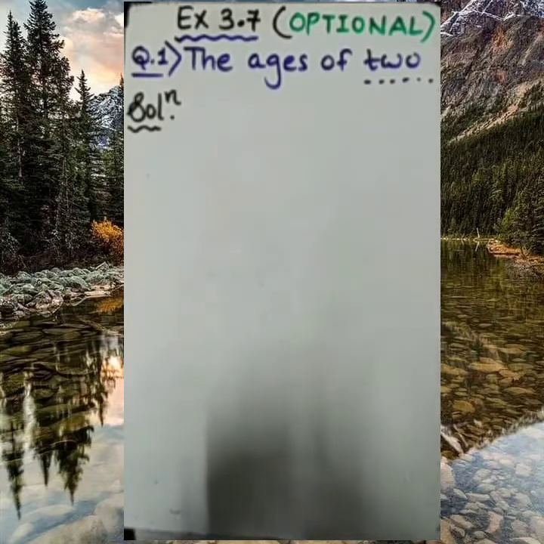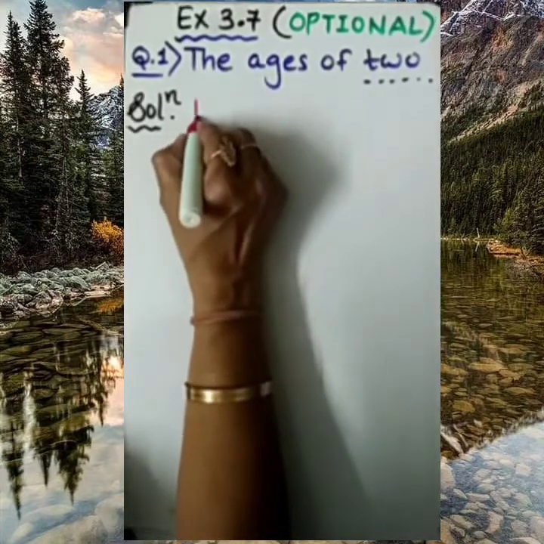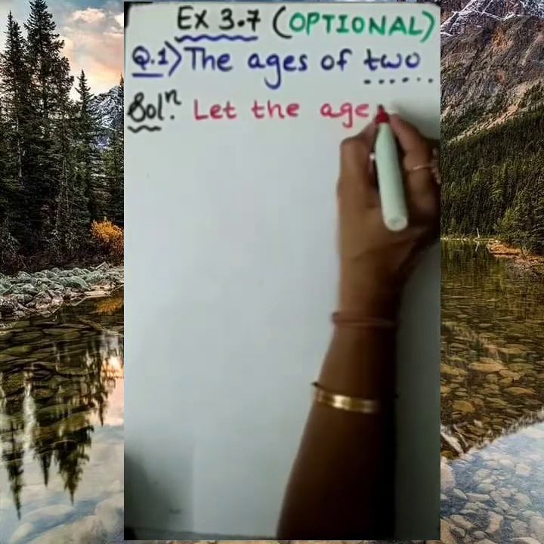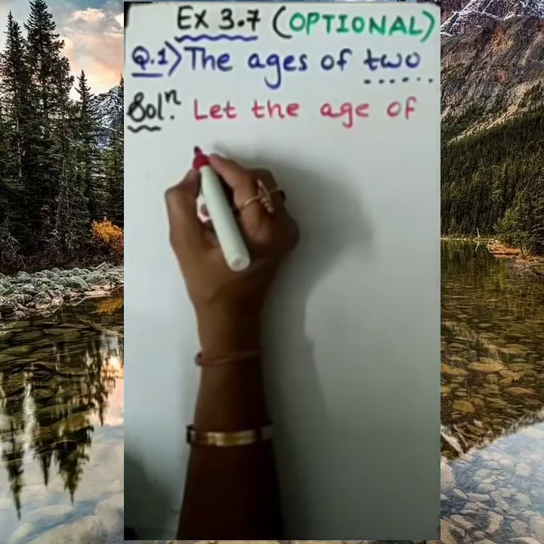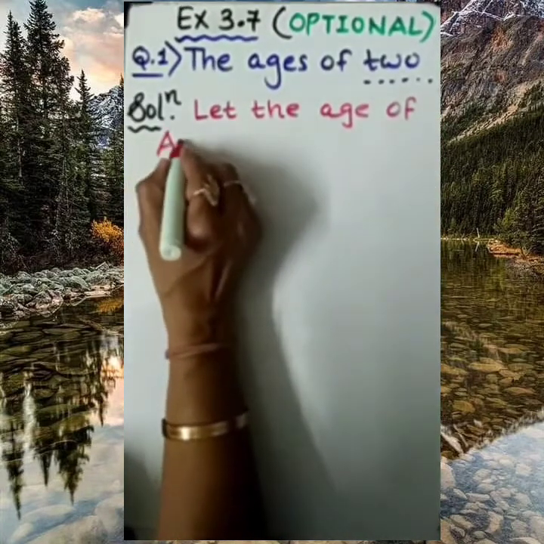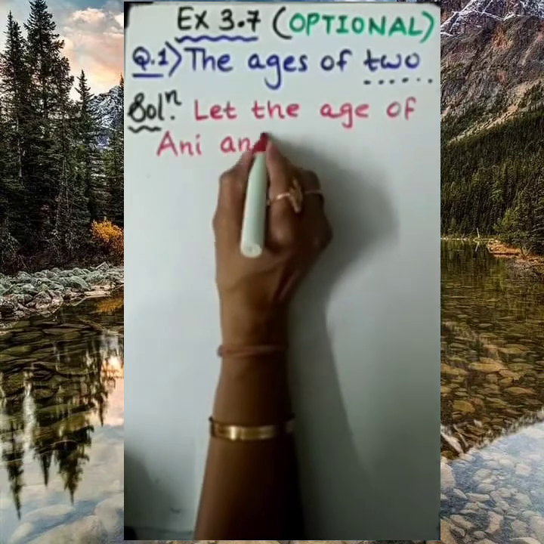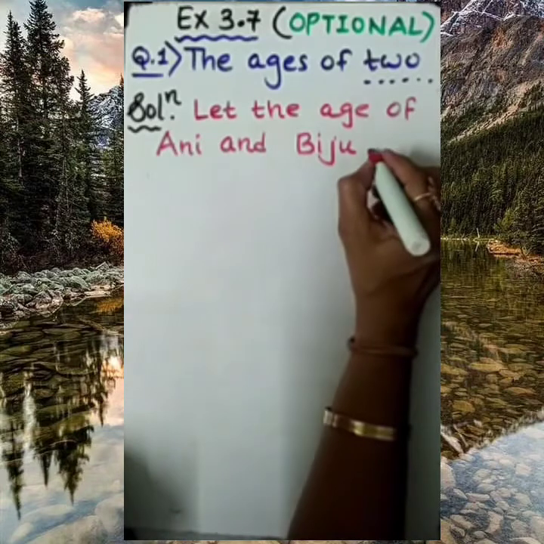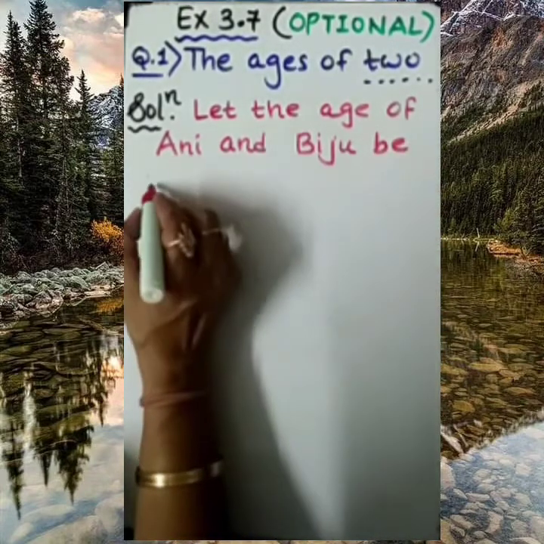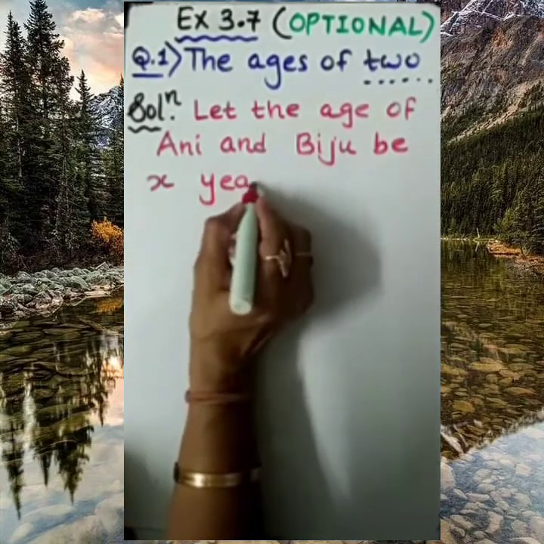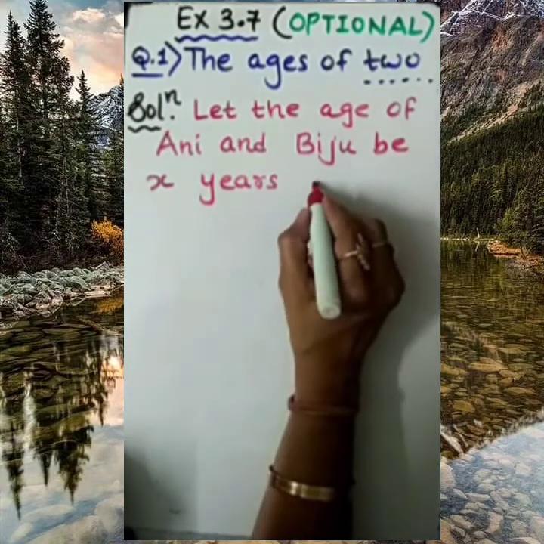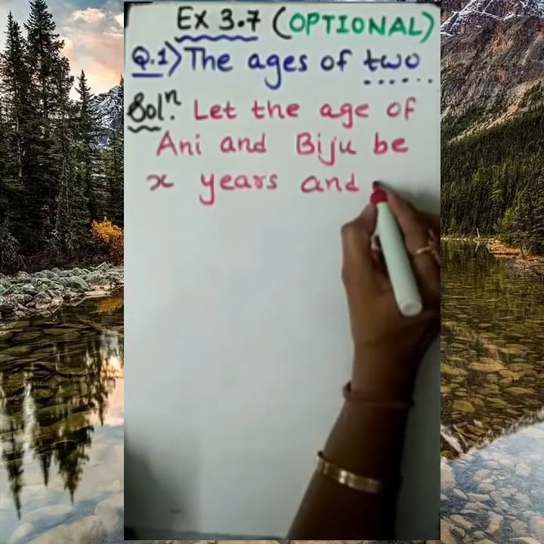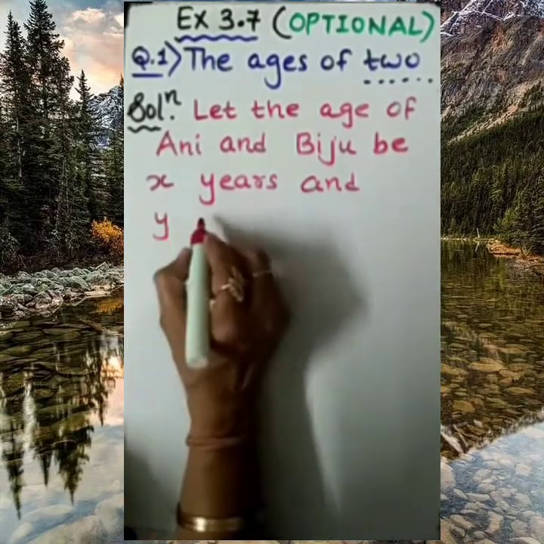Let the ages of Ani and Biju be, of course, for Ani we will consider x years, and for Biju we will consider y years.